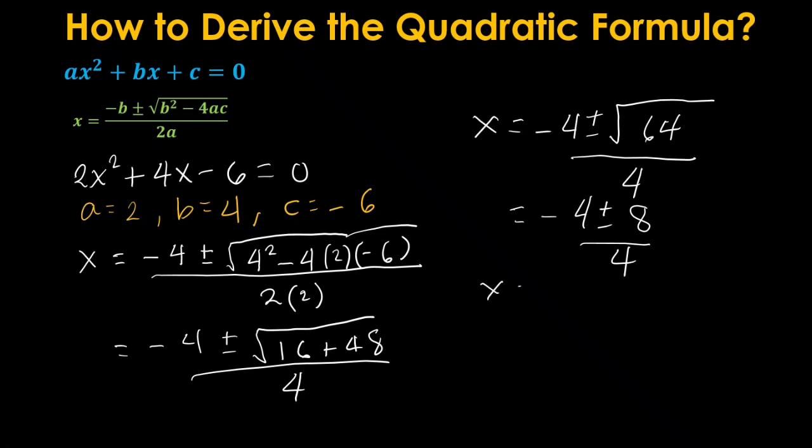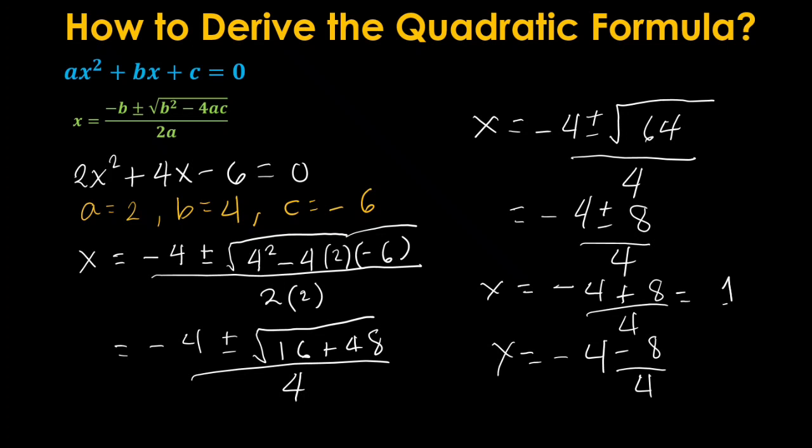We have two values of our x, the positive one and the negative one. Here, our x is 4 over 4, which is 1.